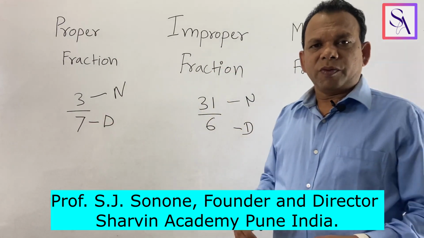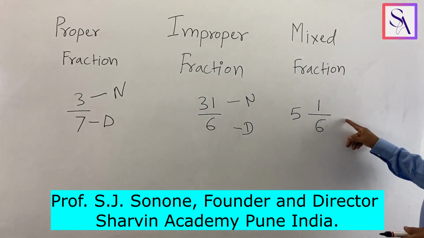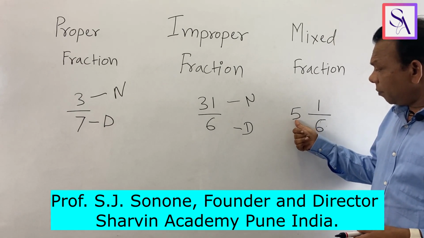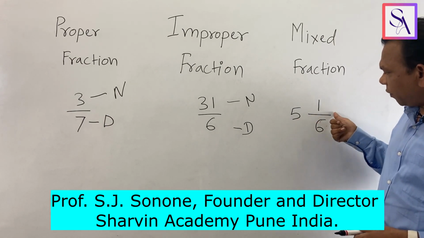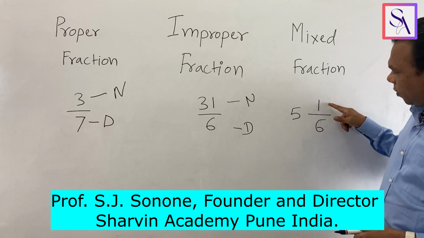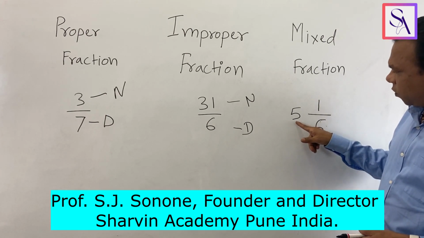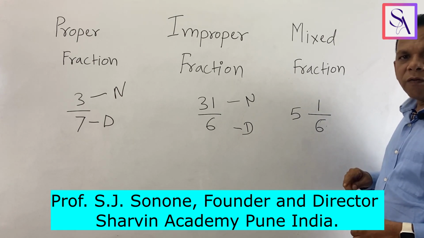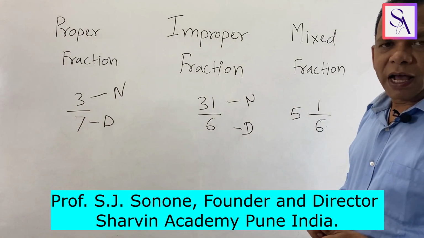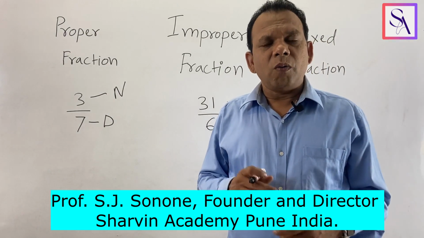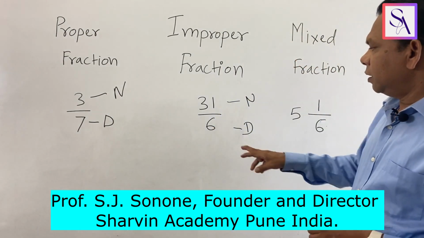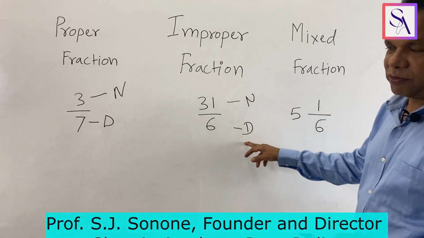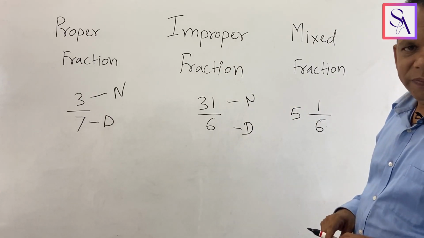And another one is mixed fraction, where there is a whole number and beside that one fraction is there. So 1/6 is another fraction and this is a whole number. The combination of these two is nothing but mixed fraction, right? Now we are going to see how these two, improper and mixed fraction, can interchange.